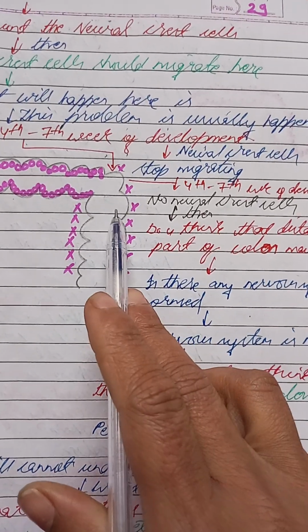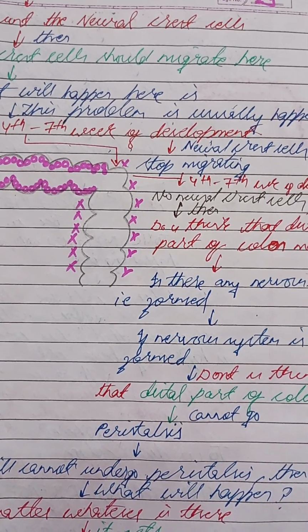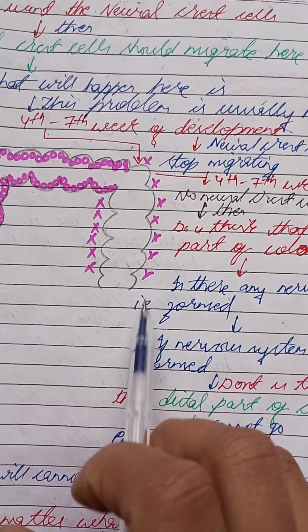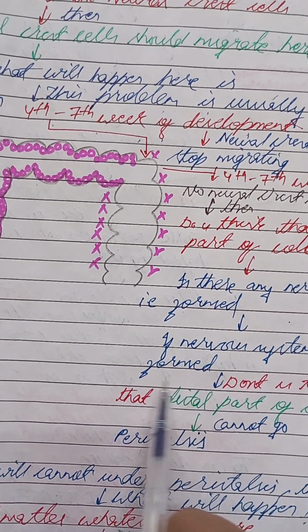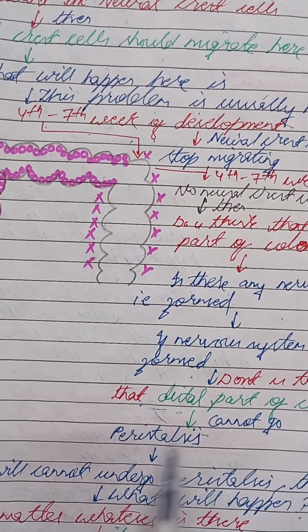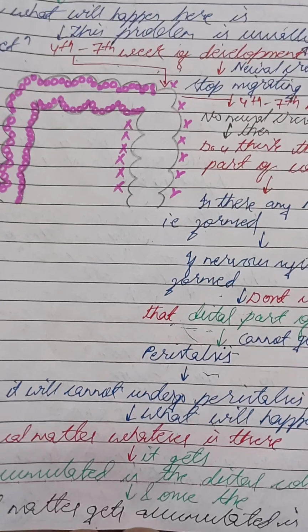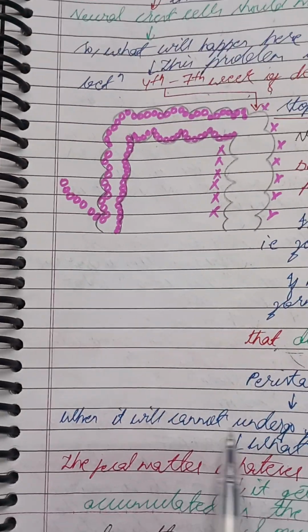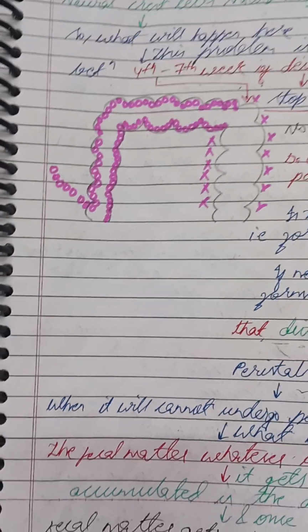Then do you think that the distal part of the colon will contract? If the nervous system is not formed, the distal part of the colon cannot undergo peristalsis. When it cannot undergo peristalsis, what will happen?